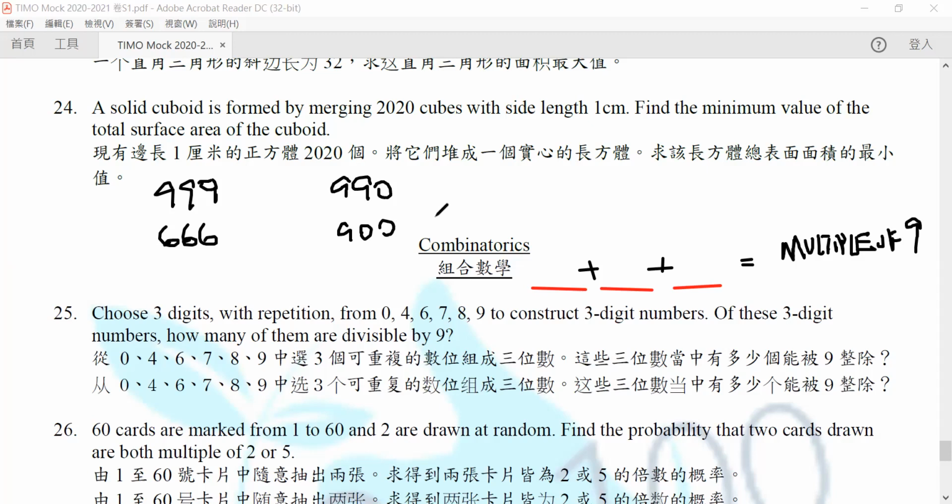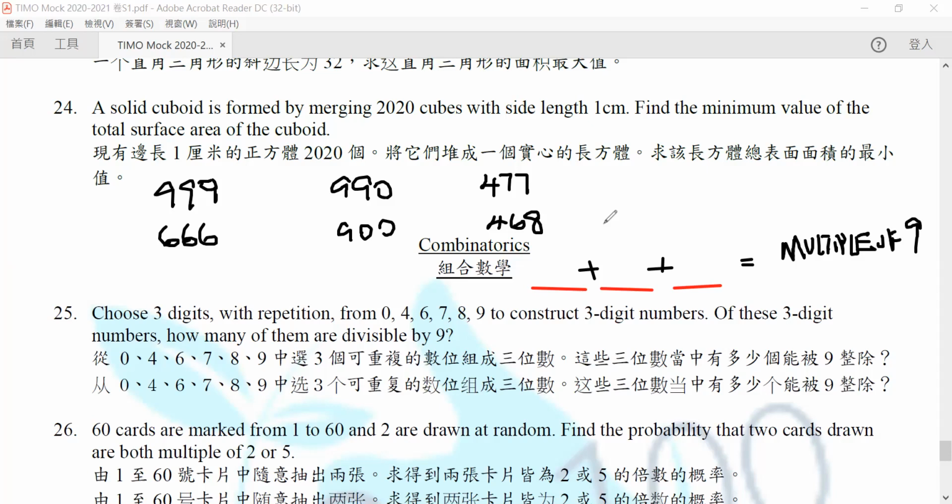But other than that, things get pretty rough, because now we can only do something like 477 or 468. These 6 are all we have.